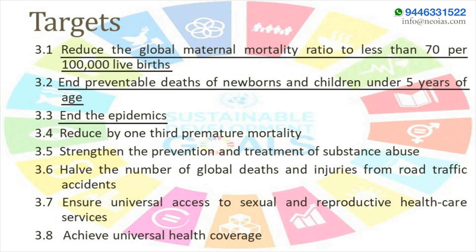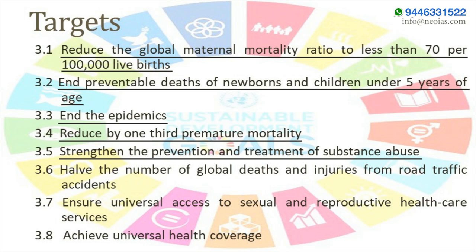Also, by 2030, reduce by 1/3 premature mortality from non-communicable diseases through prevention and treatment and promote mental health and well-being. Next, strengthen the prevention and treatment of substance abuse, including narcotic drug abuse and harmful use of alcohol. Next, by 2020, halve the number of global deaths and injuries from road traffic accidents.